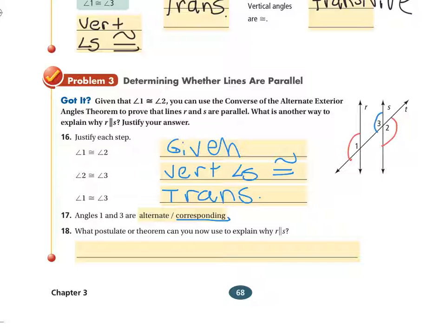So what postulate or theorem can you now use to explain why R and S are parallel? So that would be the converse of the corresponding angles theorem.